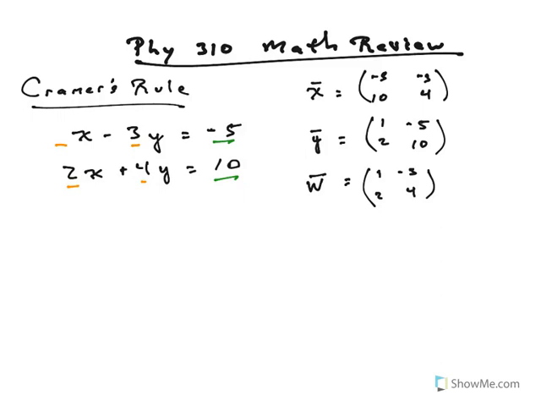And then for each one of the variable matrices, take the X one first. I just rewrite the W matrix, except for the X column, I write the answers to my equations instead of the X coefficients. For the Y, it's the same as the W, except the Y column is now the answers, and so on for as many as we have.